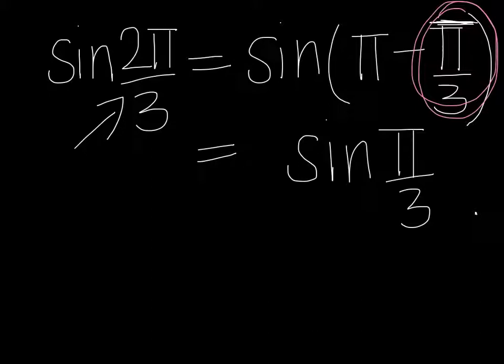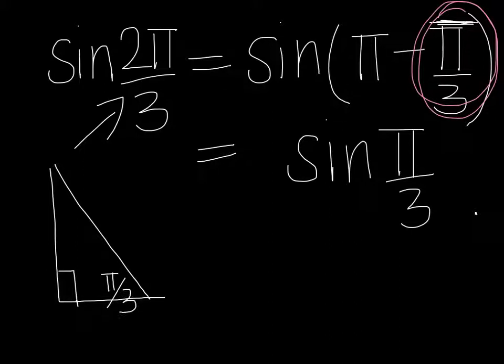So we're working with the pi on 3 triangle. So let's draw that up. And your exact value triangle should look like this. We've got pi on 3 here. The angle up the top here will be pi on 6.